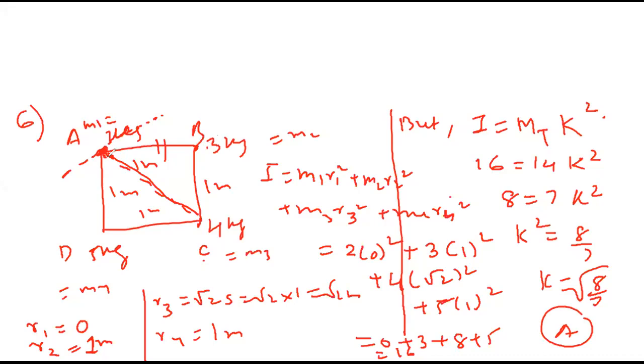B is this one. C is root 2, which is the length of the diagonal. And D is 1. Once I know r1, r2, r3, r4, I know the moment of inertia of each particle. After getting I, I know I is also total mass into radius of gyration squared. Okay, now follow.